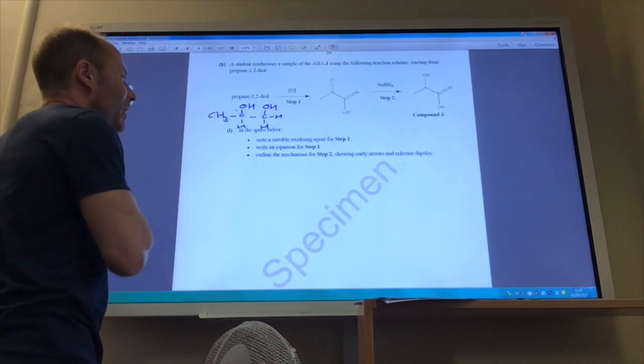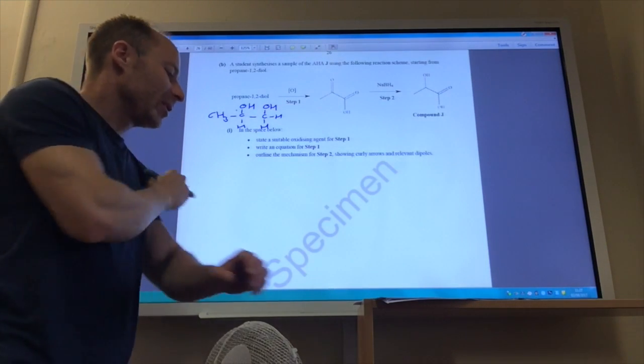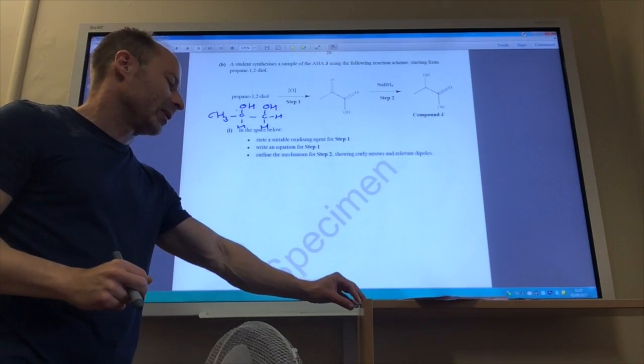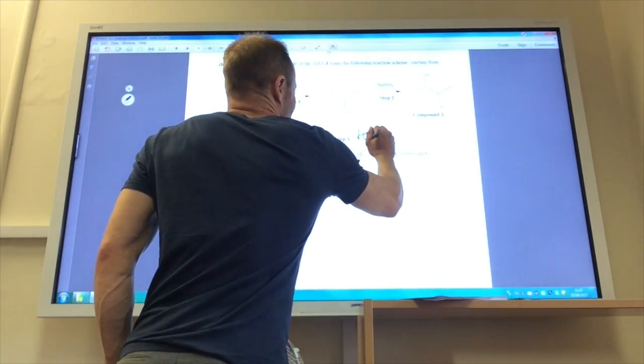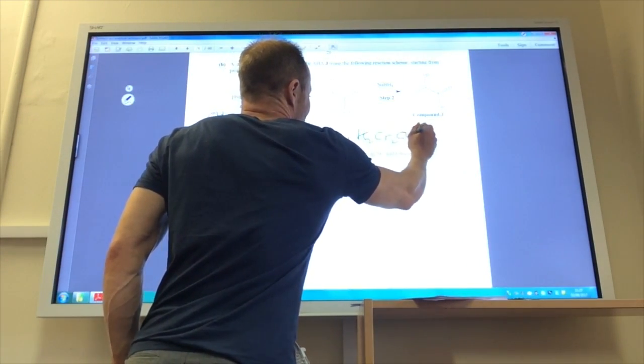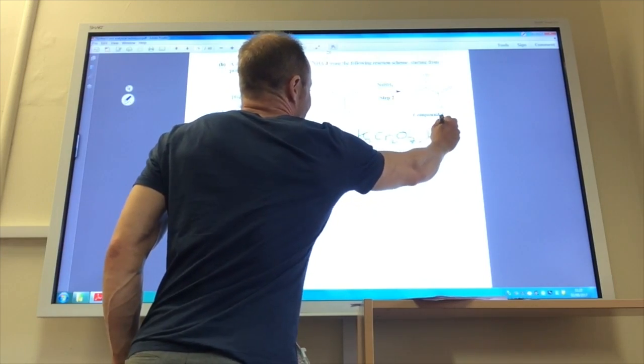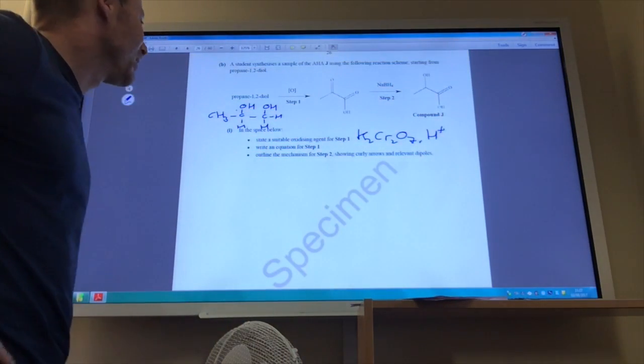First of all, the suitable oxidising agent is going to be potassium dichromate, K2Cr2O7, and it is going to be acidified as well.